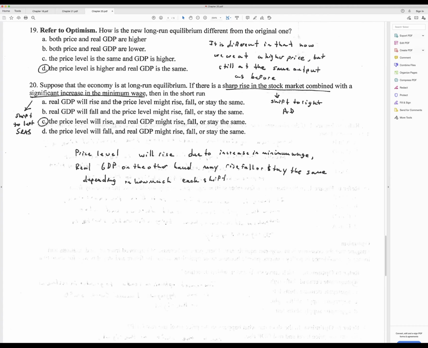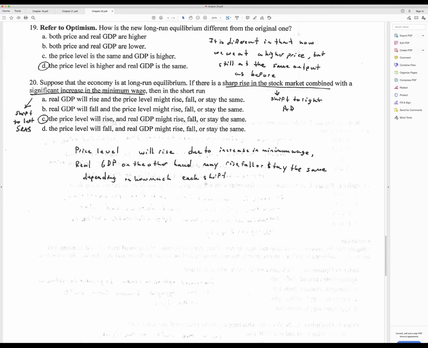If there's a significant increase in the minimum wage, remember that's going to increase the cost for producers. So that's going to mean that the short run aggregate supply curve is going to shift to the left. And we know that the price level is going to rise regardless, but real GDP might rise, fall, or stay the same, depending on how much the aggregate demand curve shifts and the short run aggregate supply curve shifts.